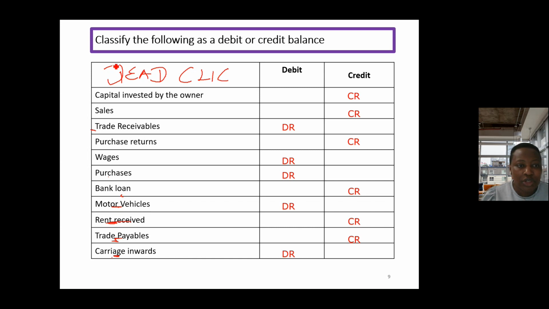We have said that what you're going to be debiting, so this is D, is your expenses, your assets, and your drawings. Those will be debited. So an increase in expenses, assets, and drawings is going to be debited. An increase in liabilities, income, and capital should be credited. So that helps you to remember what should be debited and what should be credited.